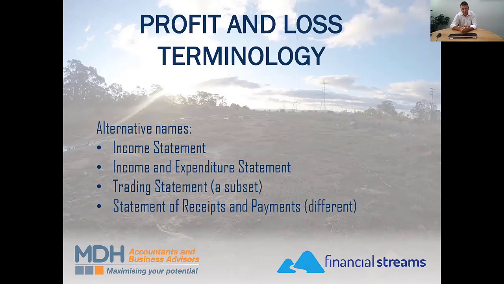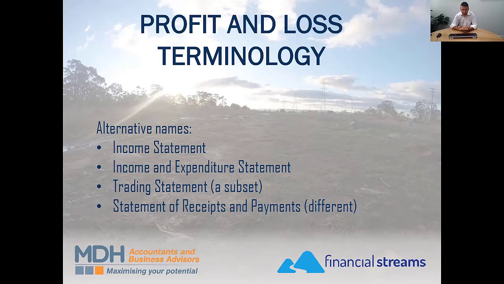Some terminology. Profit and loss is the main term that gets used. Accountants and academics get excited sometimes, so they come out with other accounting standards, and at various times they call it an income statement or an income and expenditure statement. All the same things as a profit and loss statement, your revenue less your costs, basically. Another term you may see sometimes is a trading statement.